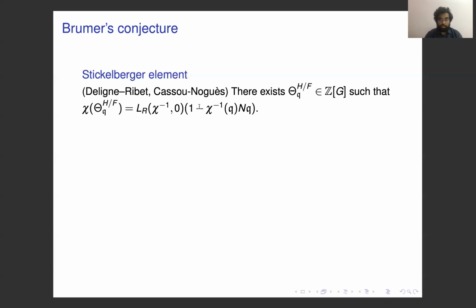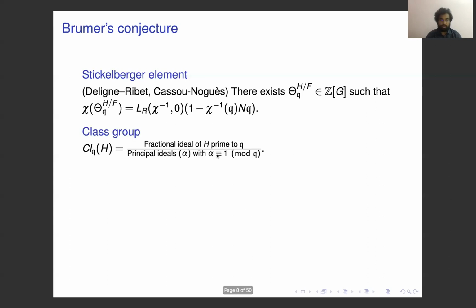And then I have to multiply it by this funny factor. This is what makes everything integral. Without this, I just get an element in QG. Okay, so that's the Stickelberger element, and it's an element in ZG.